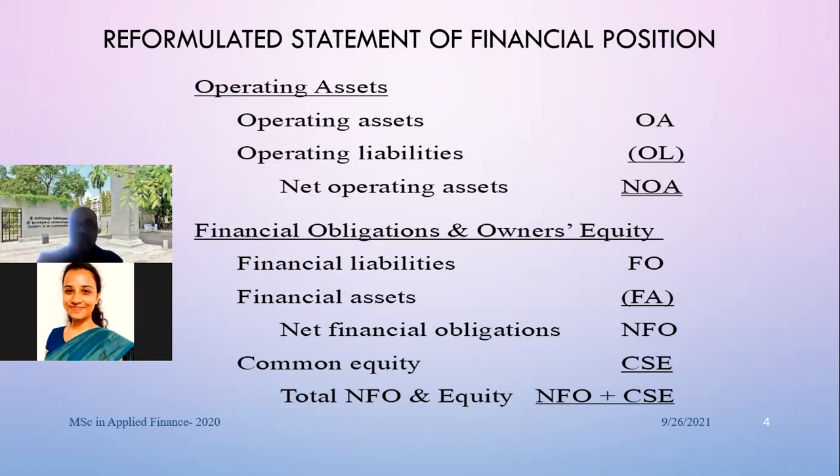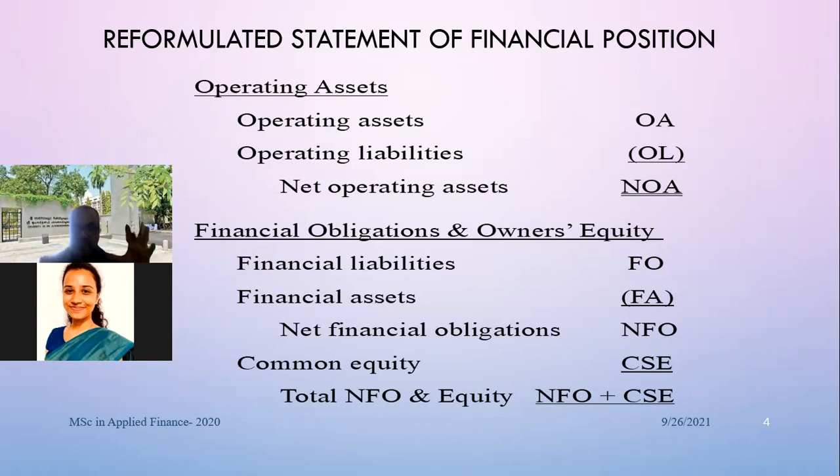That is why we develop this concept, net operating asset, so that we can check the performance of operating assets and the performance of net operating assets. If there is any discrepancy, that is due to operating liability leverage. Later we will discuss.